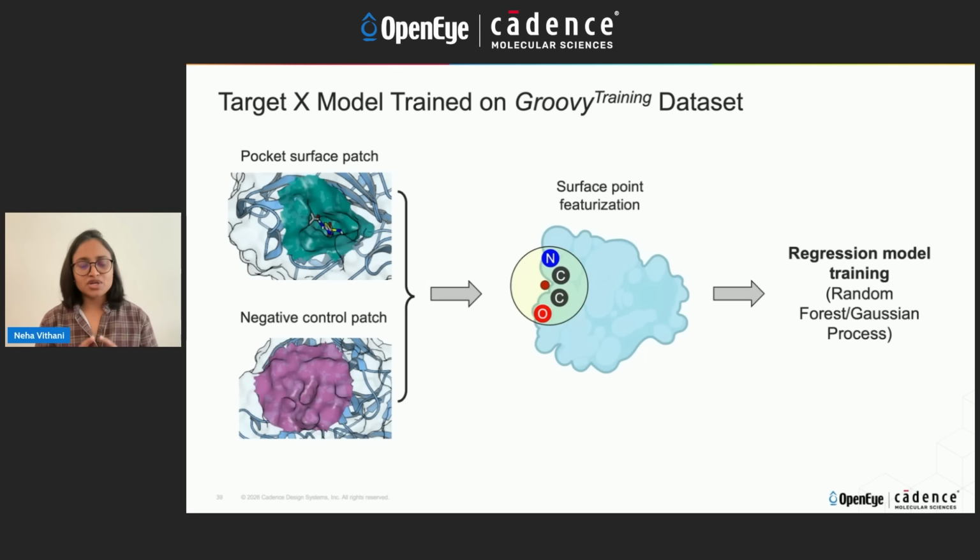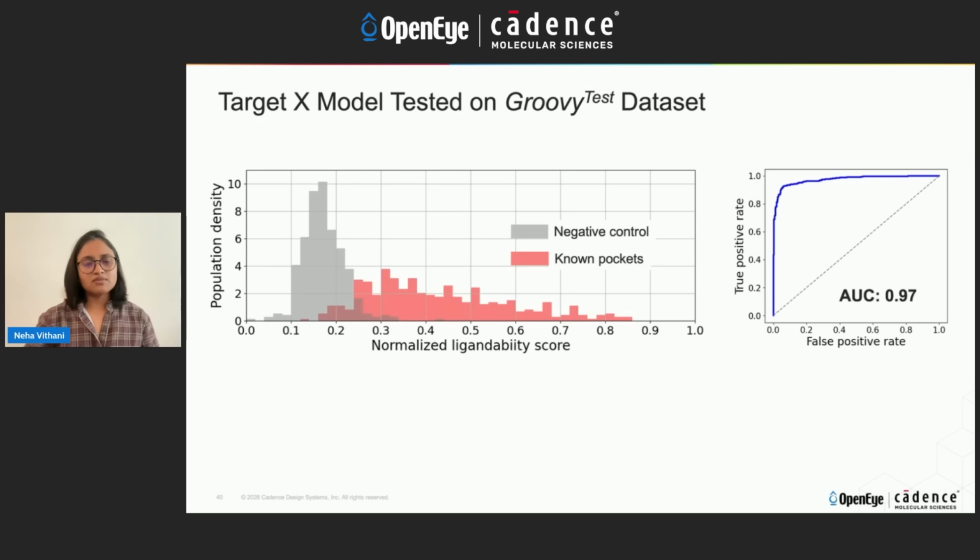Next, we train a regression model for predicting ligandability of the surface points using random forest as well as Gaussian process regression methods. After training the model, we test it on the non-overlapping test dataset. We create a negative control patch and a non-ligand binding surface patch from protein-ligand structures present in the GROOVY test dataset. The TargetX model was able to differentiate between the ligand binding patches and the negative control and non-ligand binding patches with 97% AUC.